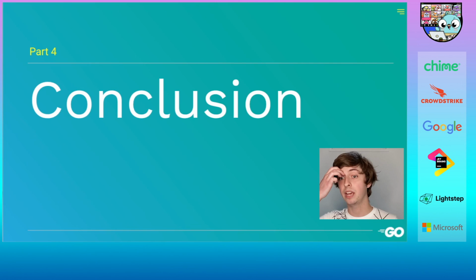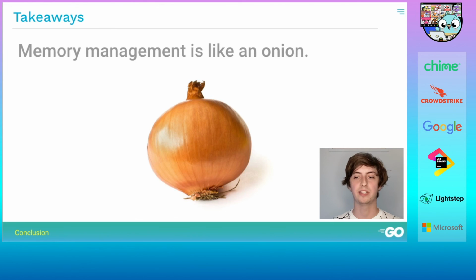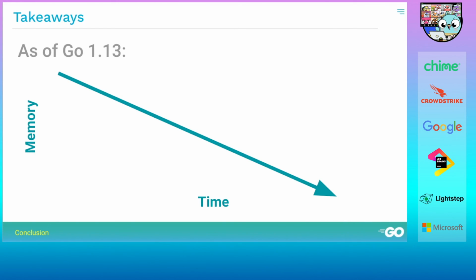And we've reached the end. If there's anything you take away from this talk, here are my suggestions. Firstly, memory management is like an onion. Layered, complicated, and sometimes makes you cry. And we mostly talk about the deepest layers here. Specifically, the Go runtime, as of Go 1.13, gradually returns memory to the OS.